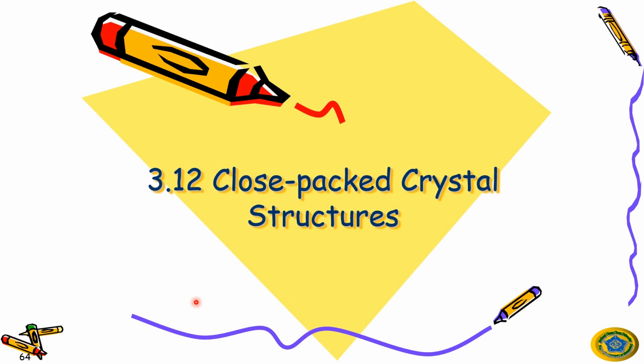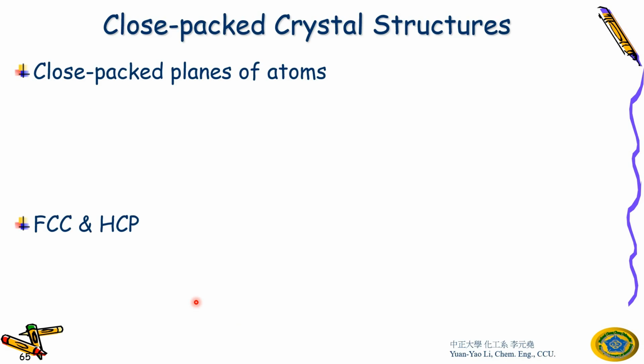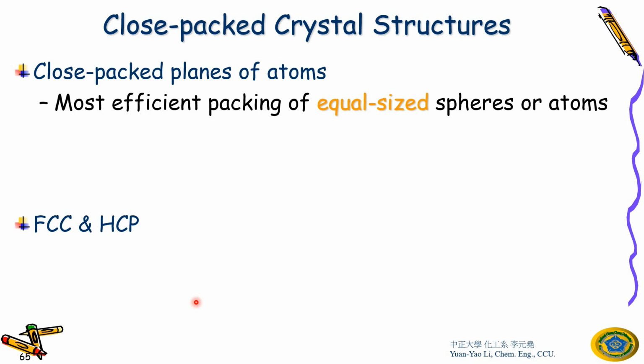So what is the close-packed crystal structure? The close-packed crystal structure for metal is FCC, as I told you before. Close-packed planes of atoms are the most efficient packing of equal-sized spheres or atoms. Normally when we talk about equal-sized spheres, we are talking about metal.